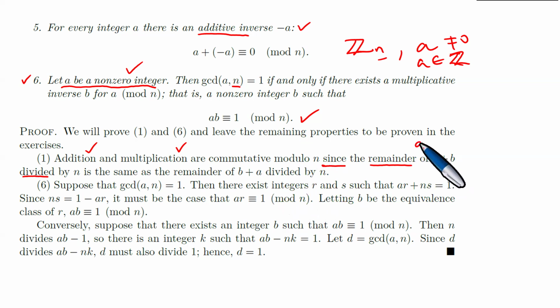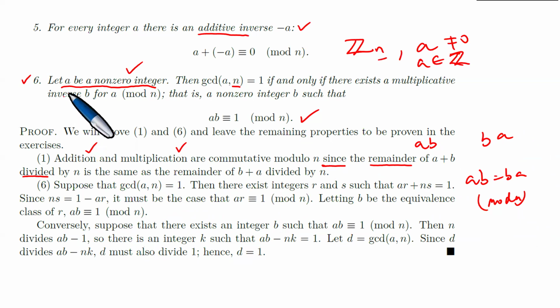The author was also supposed to say the remainder of ab divided by n is the same as the remainder of ba divided by n, and therefore ab is equal to ba modulo n.